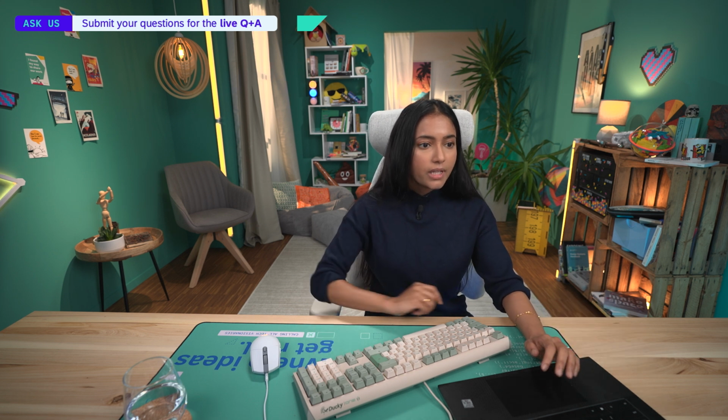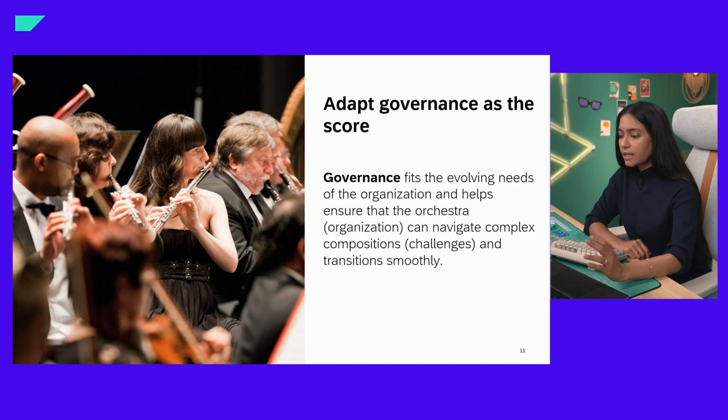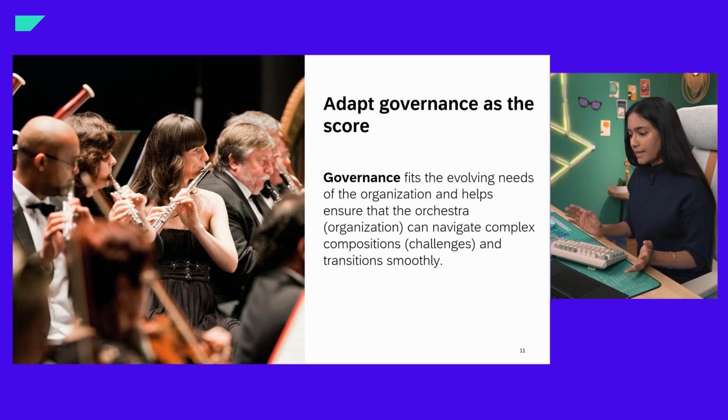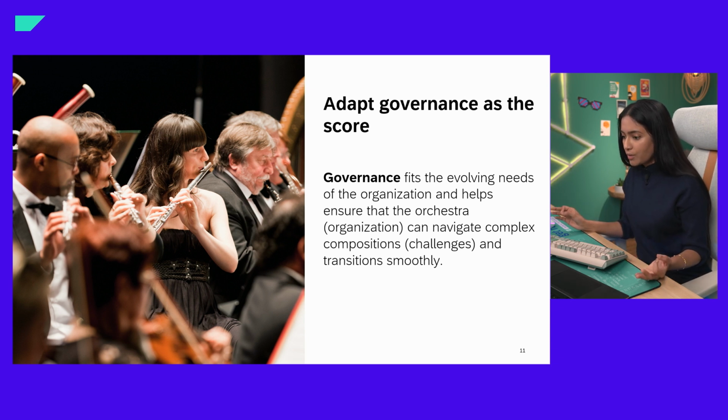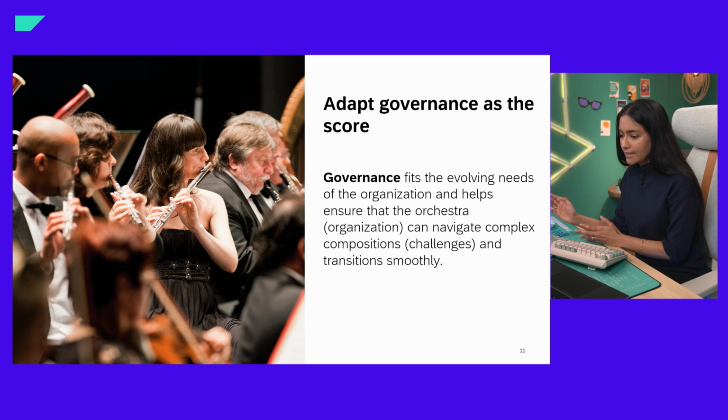Now that we are in the context of Fusion teams, governance plays a pivotal role in securing both the low-code and pro-code worlds. The governance represents the musical score. Just as the conductor adapts their interpretation to suit the nuances of the score, the CIO adapts the governance mechanisms to fit the evolving needs of the organization.